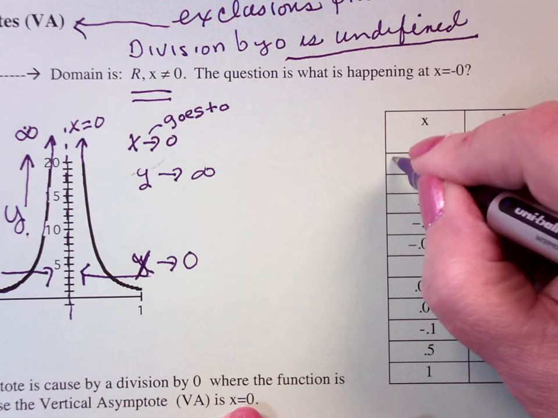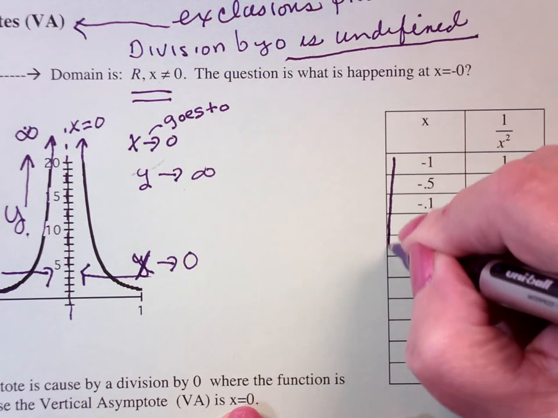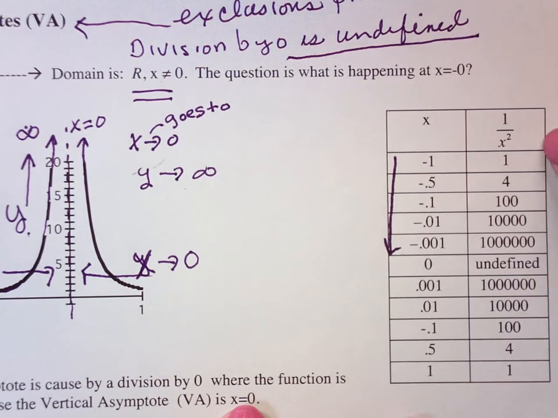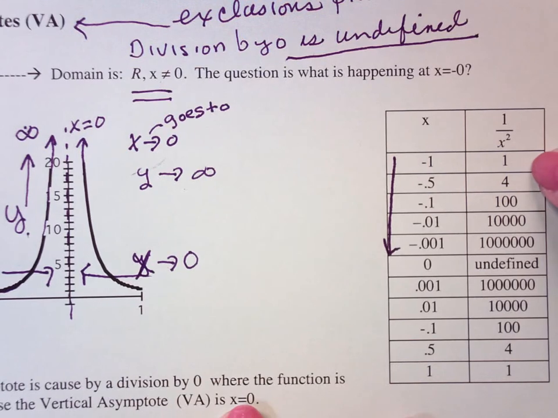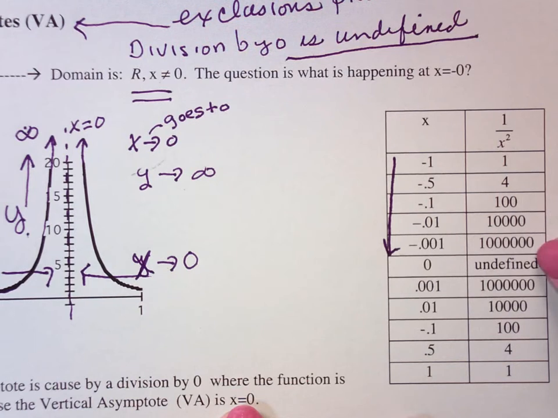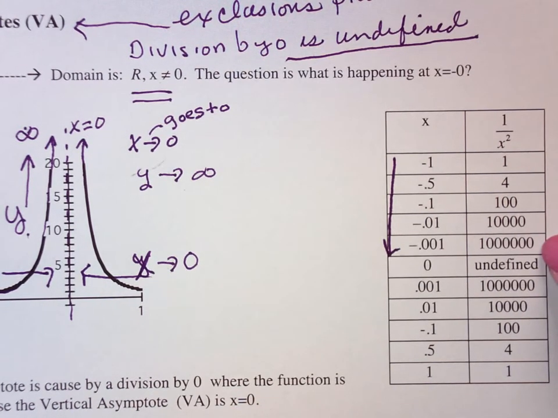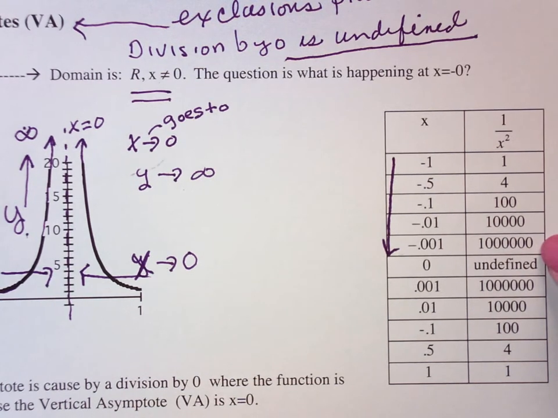I'm coming in from -1 and getting closer and closer to 0. Notice what the y values are doing. I start at 1, 4, 100, 1,000, and this is a million, and I'm only at negative 0.001. The y values are getting very, very big, very fast.